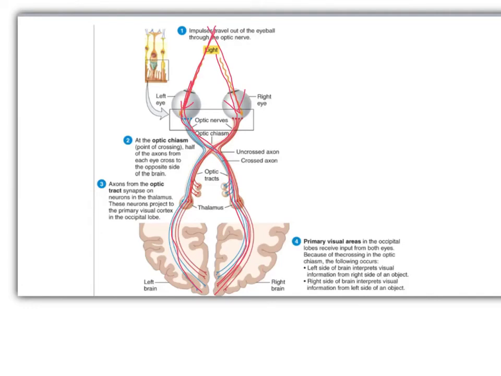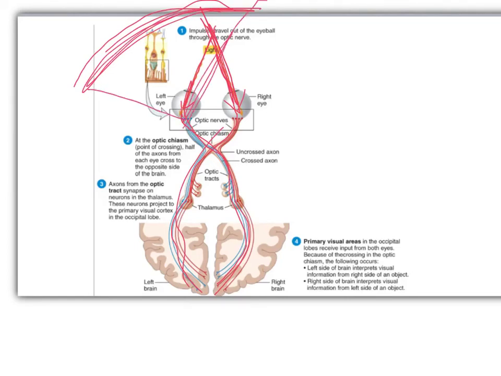The other cool thing about vision is that it's not that my right eye is only seeing things and it's going to only go to my left. They're going to have overlapping visual fields, which is pretty cool. So you've got this kind of visual field, and you've got this kind of visual field. I don't know if this picture is doing any justice here, but the left eye and the right eye actually overlap in what they see.